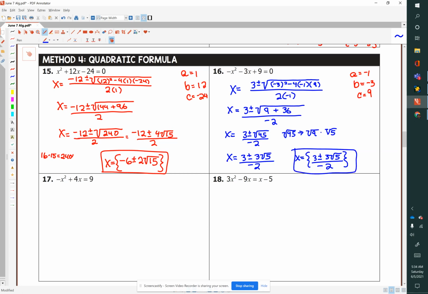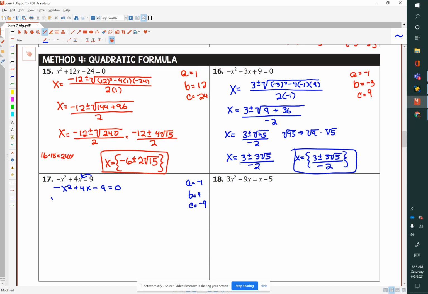Okay, number 17. X squared minus 4x equals 9. We'll need to move that 9 over, and it will become negative. So we'll have -x squared plus 4x minus 9 equals 0. And our A, again, is -1. Our B is 4. And our C is -9. So we know we want to be careful with those.